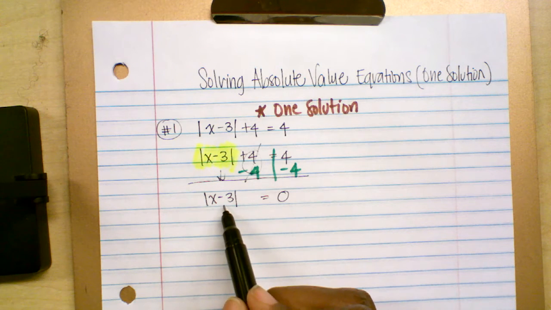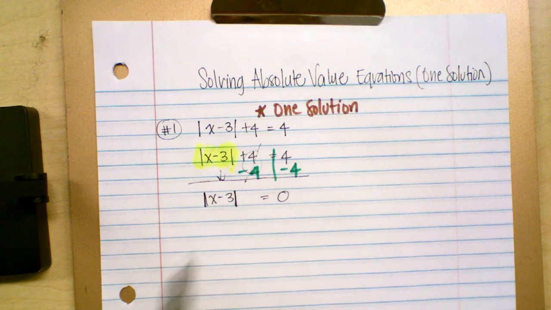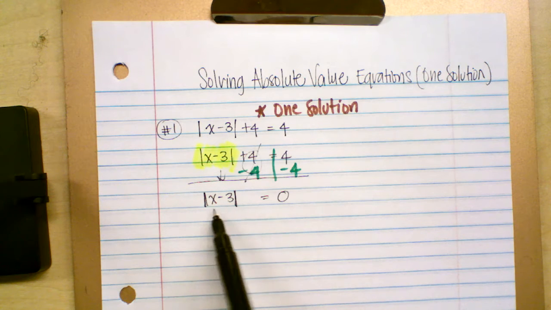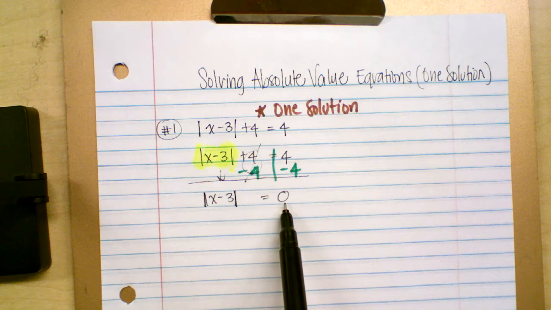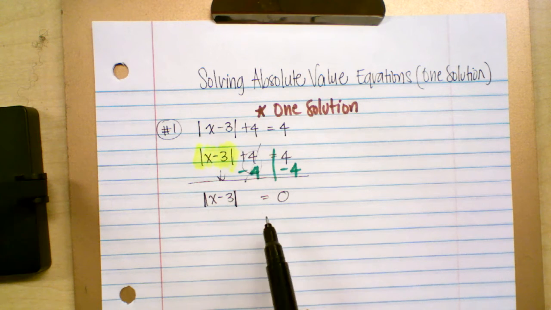Again, you cannot just add 3 right now. Why? Because of the absolute value. So you need to remove the absolute value, and to do that we use the definition of absolute value. We want a number that has a distance of 0 on the number line from 0, and the only number is 0.